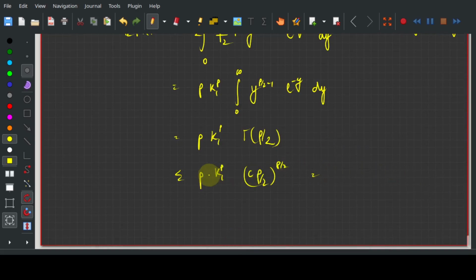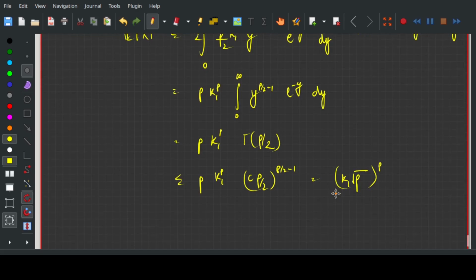So if I take root p, this is gamma p by 2. This would be p by 2 minus 1. So this would effectively be k1 times root p whole raised to, yeah? I'm just taking that along with this, right?